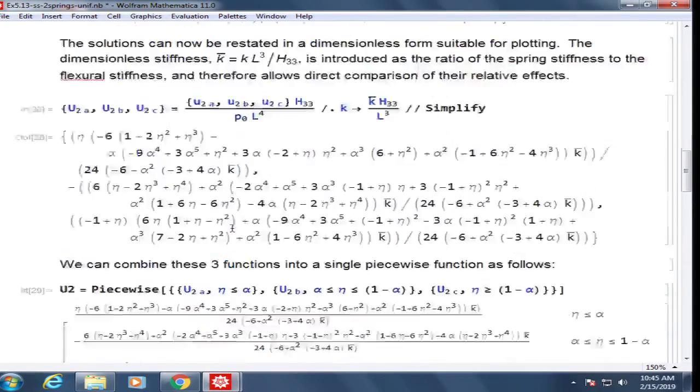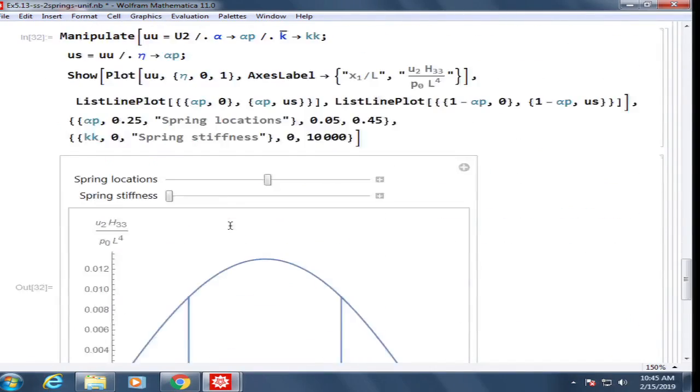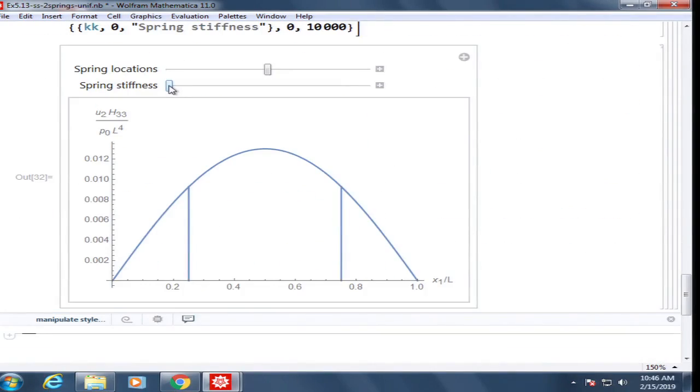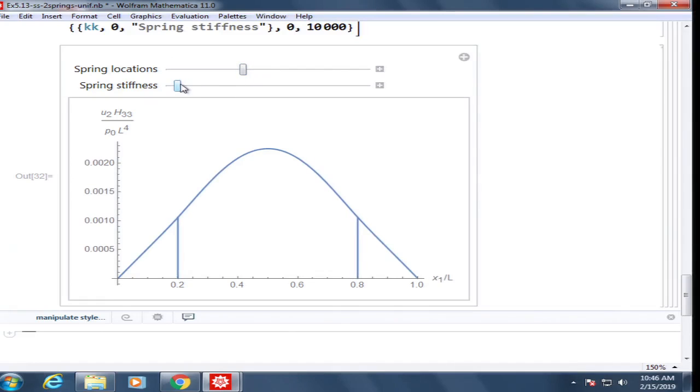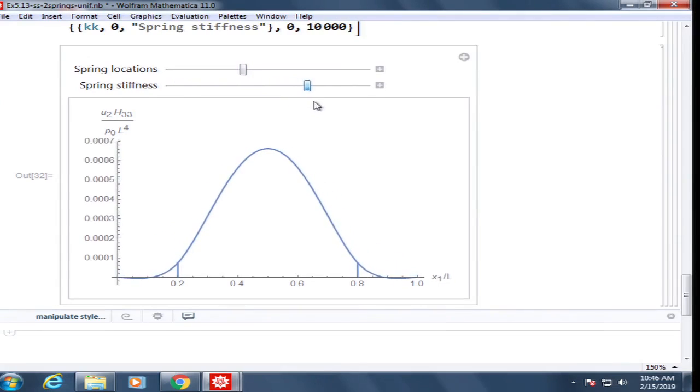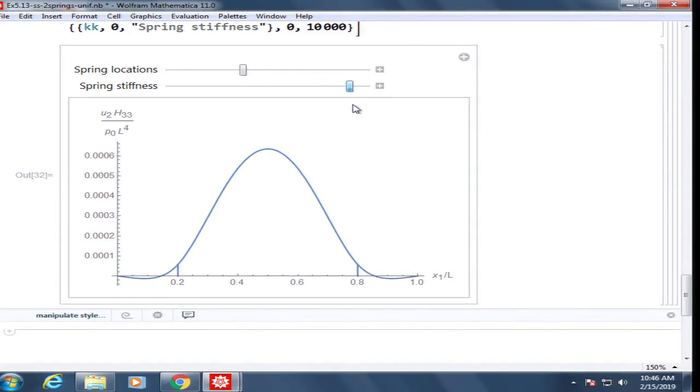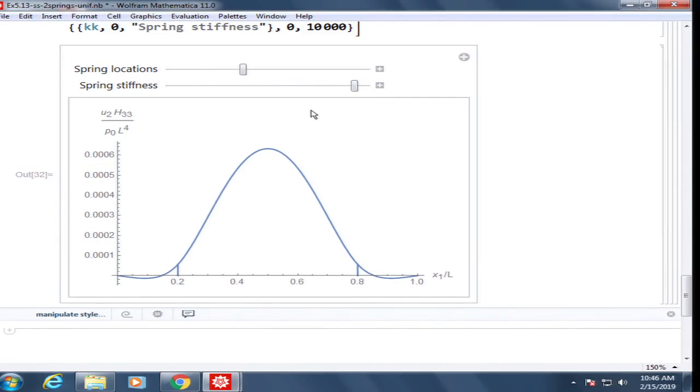So we solve it here, and for example, I can change the spring stiffness here and the locations. Let's fix this location at, say, alpha is 0.2, and now I'm changing the spring stiffness. You see, after some point of spring stiffness, it just doesn't change the displacement. If you go on increasing the spring stiffness, the plot will start by going downwards, and then it will pass through 0.2 where the spring was located.